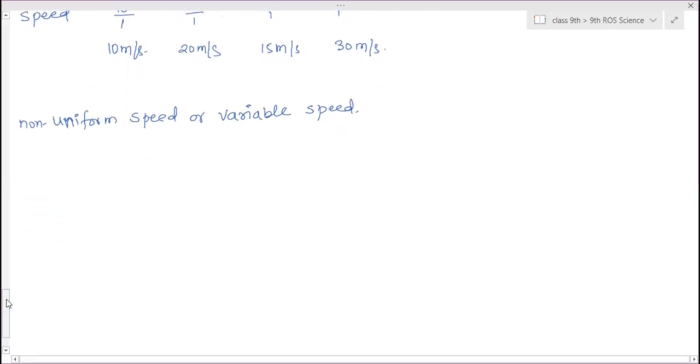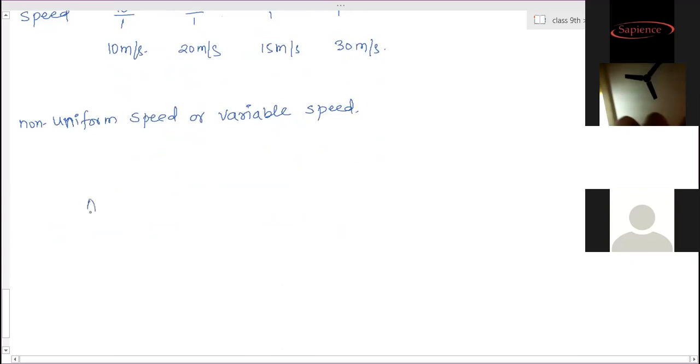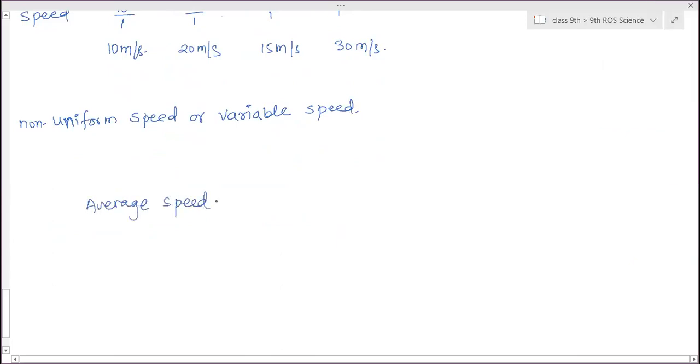Average speed is calculated by the formula total distance covered by total time taken to cover that distance.